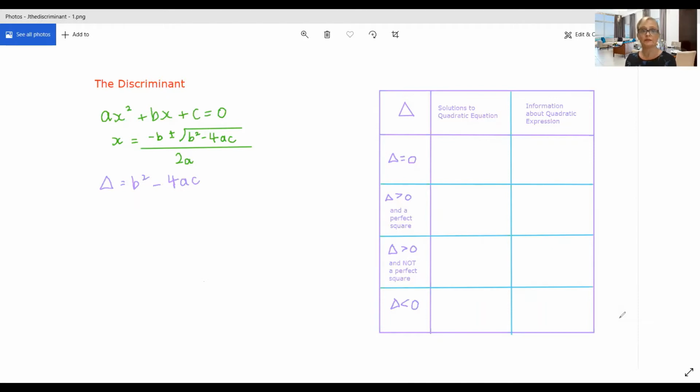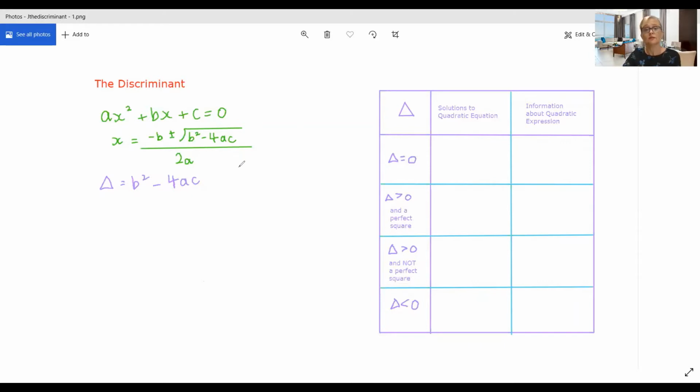I did hint in the previous video at the importance of the bit that's underneath the square root sign, this b squared minus 4ac business. We call that the discriminant, and we use a little triangle to symbolise it. It discriminates between what sorts of solutions we get.